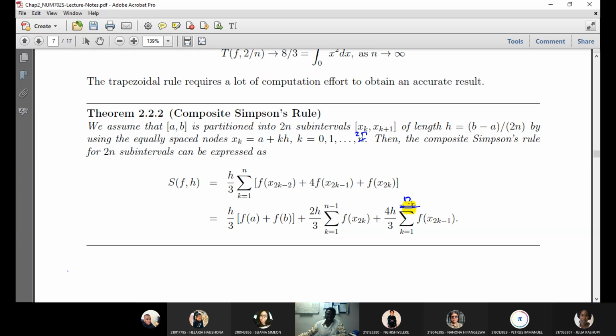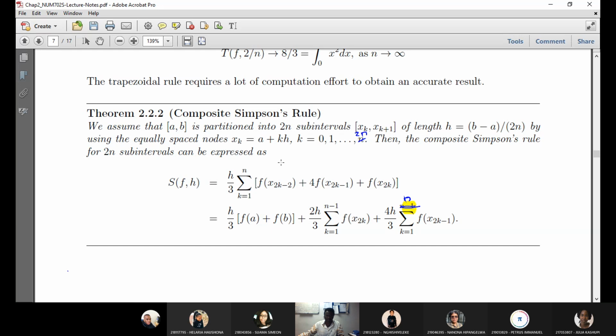It's not n minus 1. Please change it. Even here, of course, I changed it here. I don't know if it is changed on your slide. Even the total number of points, k runs from 0 to 2n, not to n. From 0 to 2n for all the points, xk. K runs from 0, 1, 2, up to 2n. So you can see it here on the slide. Everything is changed, right?